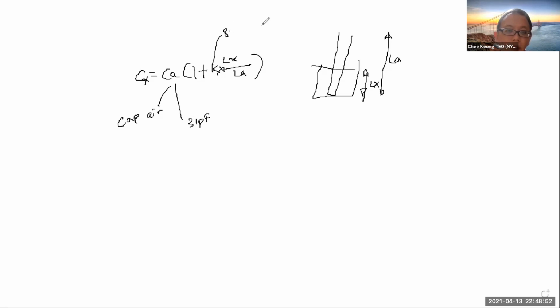The total capacitance is 0.97 nanofarad. This is given, this is given, this is given. And the total length of the probe is 1.3 meter, as specified just now. So we have everything given except LX, which is the length of the probe that is submerged. They ask you to find LX, so of course LX can be found.